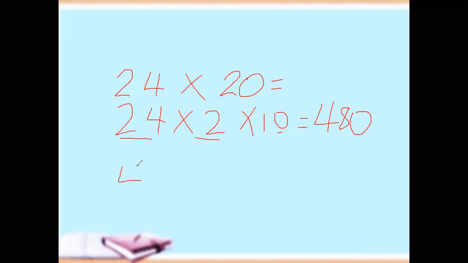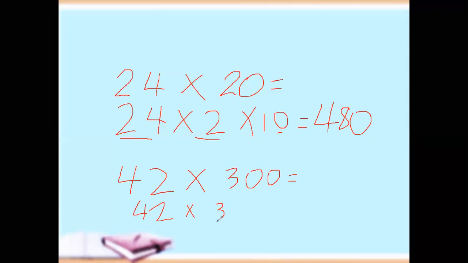Another one. Let's have 42 times 300. So let's multiply 42 times 3 times 100.